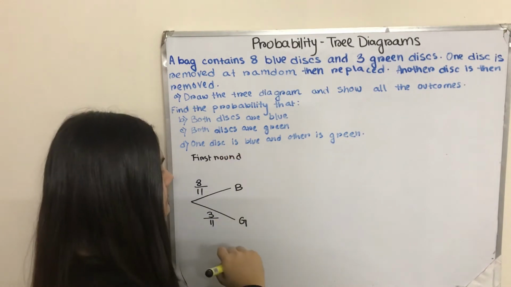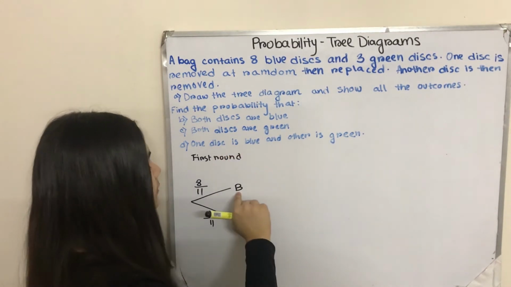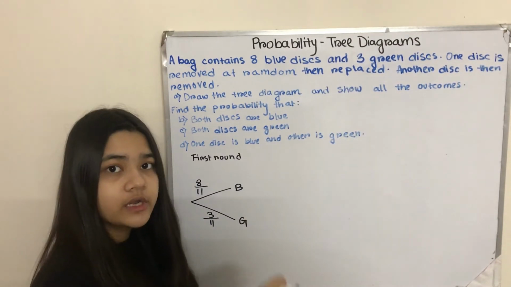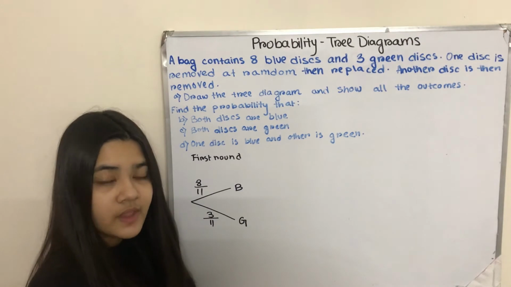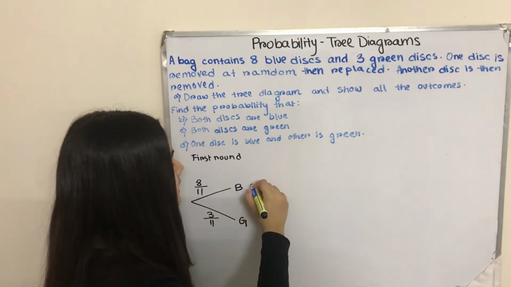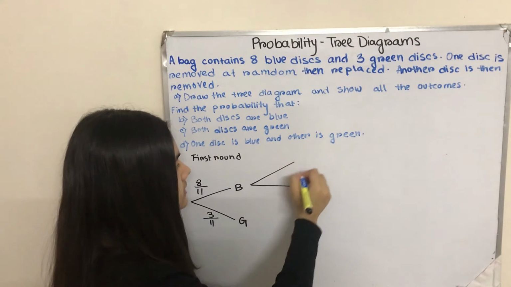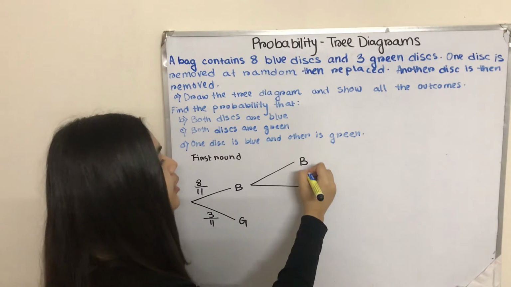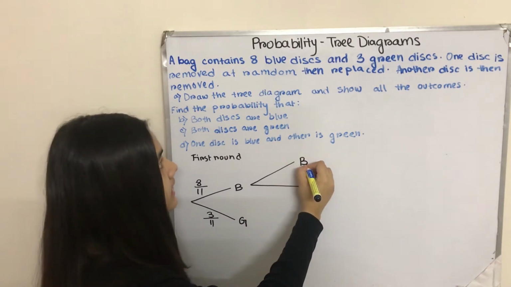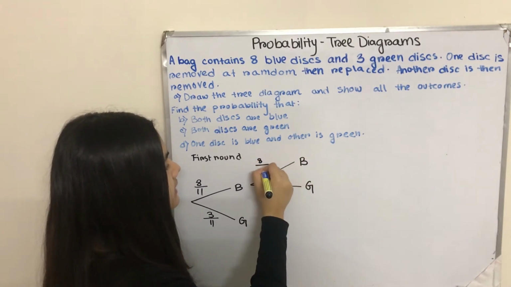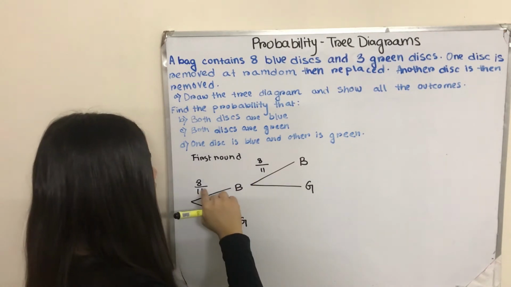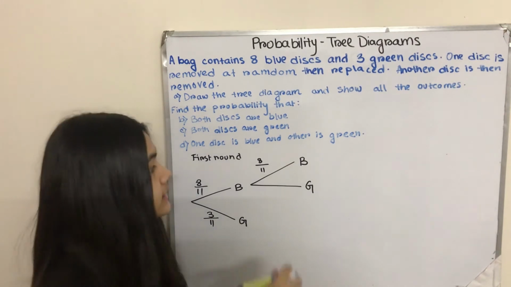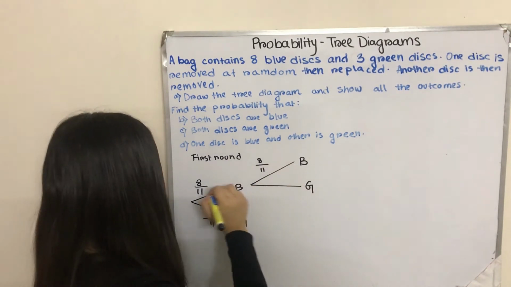And for the second round, if the person gets blue in the first round, it has been replaced. That means after it was removed, it was placed back. So everything remains the same. Again, they will have 2 choices, blue or green.